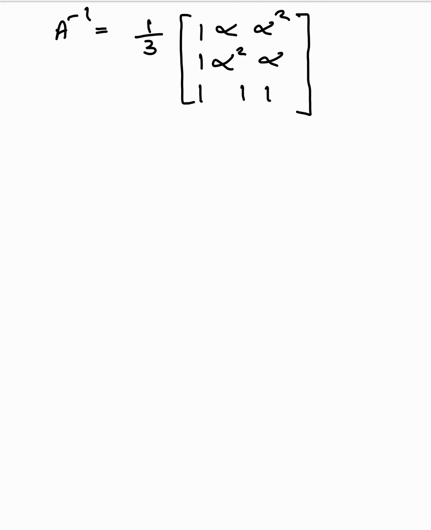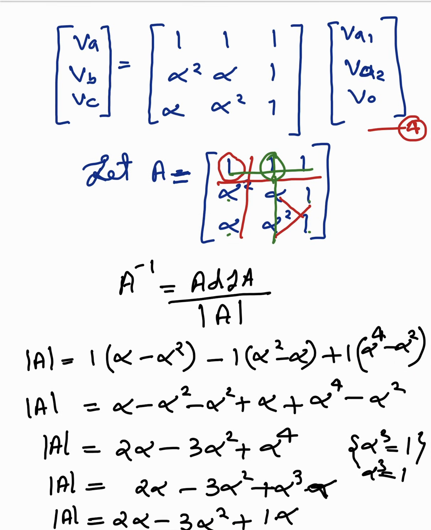So this is important from the examination point of view, very important: how to calculate the inverse parameter, from equation number 4. You can see equation number 4, VA VB VC, and you have to suppose the parameter A, and VA1 VA2 and VA0.